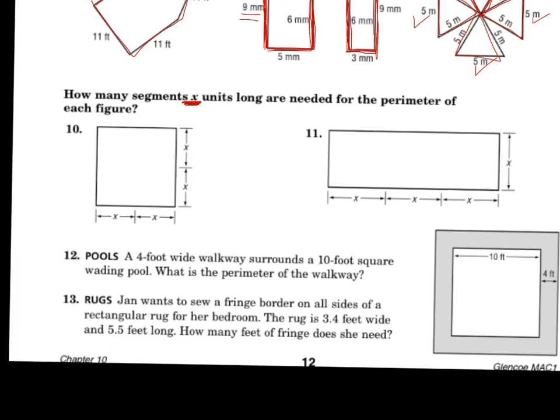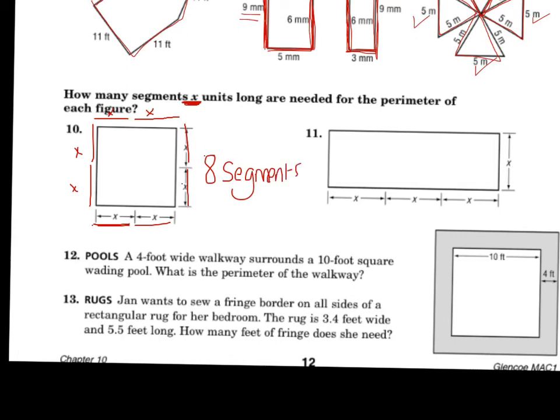So how many X's would it take to go around this square? 1X, 2X, 3X, 4X. So then this would be another one, 5, 6, 7, 8. Oh, there's 2 on each side. Okay, so how many segments, x units long? It would be 8 segments.